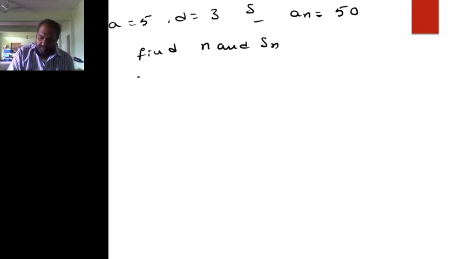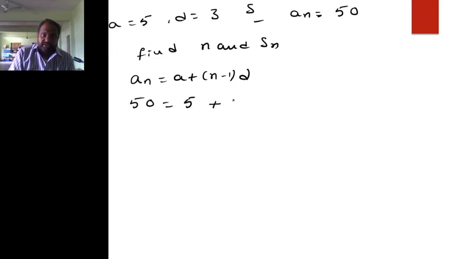You know the formula an is equal to a plus n minus 1 into d. So 50 is equal to 5 plus n minus 1 into 3. 50 minus 5 is equal to n minus 1 into 3.